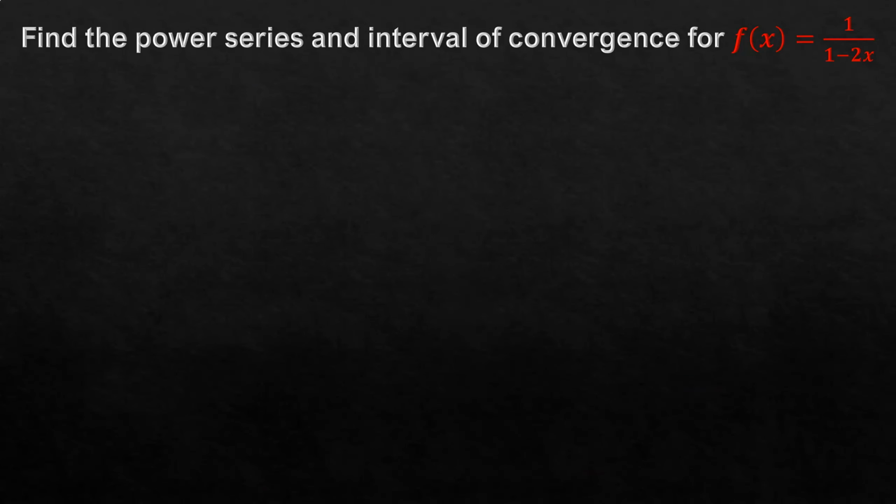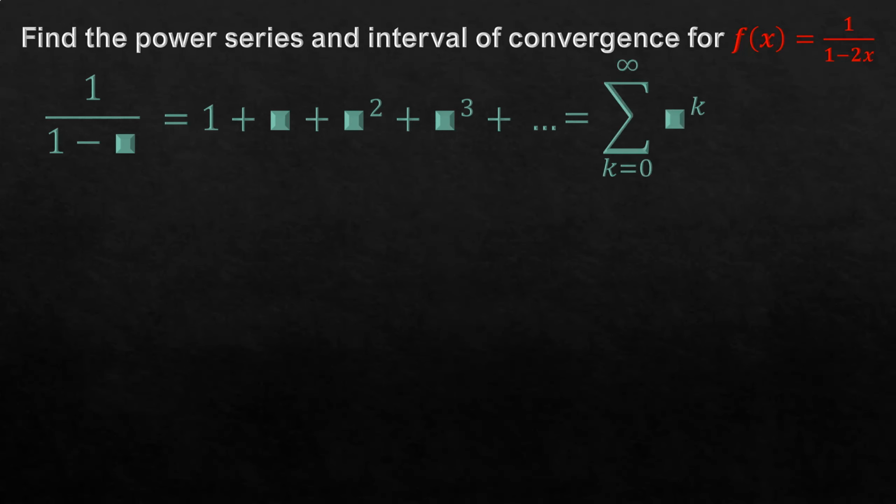Now, suppose you have the function 1 over 1 minus 2x. Well, the geometric series is of the form 1 over 1 minus blank, right? Now that function can be expressed as a series, or we would say the series converges to that function, when the absolute value of blank is less than 1.